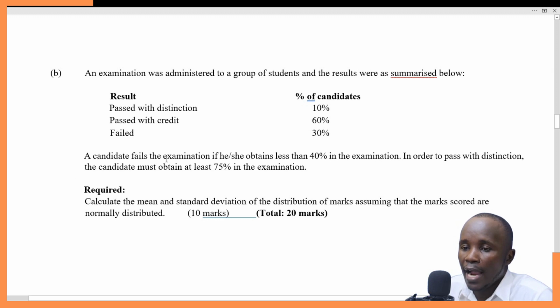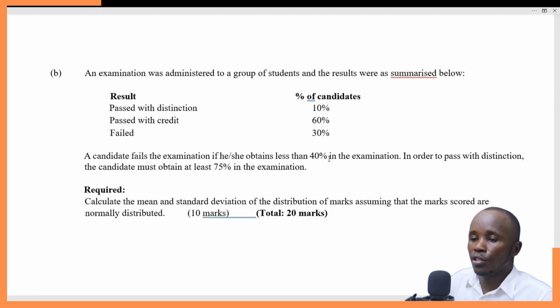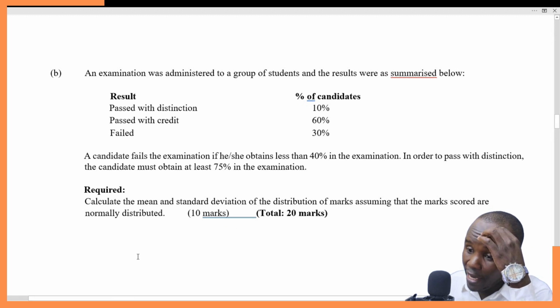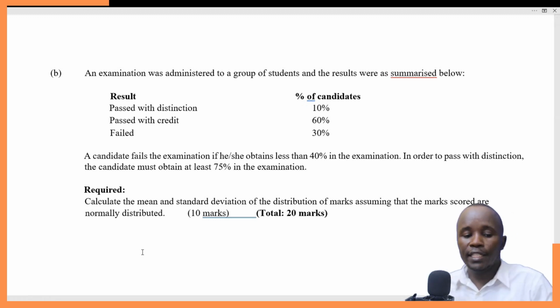A candidate who failed is considered to have scored below 40% in the examination. In order to get a distinction, you need to have 75%. Calculate the mean and standard deviation of the distribution of marks, assuming that the marks scored are normally distributed.